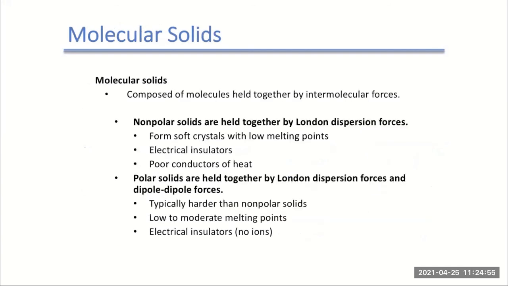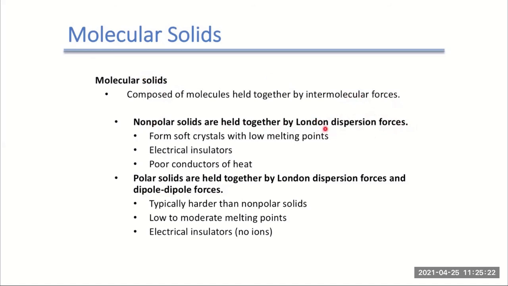And then we have our molecular solids. Molecular solids are composed of molecules held together purely by their intermolecular forces. So the stronger the intermolecular forces, the higher the melting point for that solid. Our nonpolar ones are held together just by London dispersion force. Remember the example of the fatty acids, those were held together just by London dispersion force.